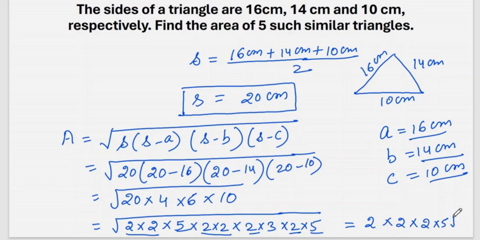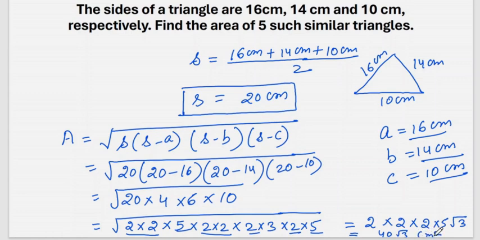Only 3 is stuck inside the square root sign. So what have we got? 2 into 2 into 2 into 5 into root 3. So we will get the value as how much? 2 into 2, 4, 4 2s are 8, 8 5s are 40. So it is 40 root 3 centimeter square.